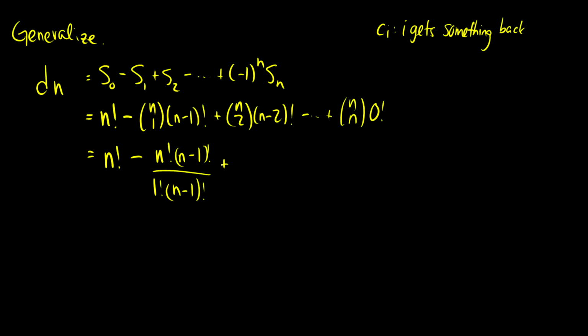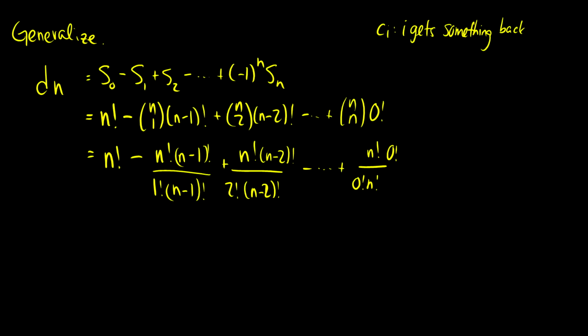Then we add back n choose 2, which is n factorial over 2 factorial n minus 2 factorial, and of course this is still multiplied by n minus 2 factorial. And this goes all the way up to n choose n, which is n factorial over 0 factorial n factorial, times 0 factorial.